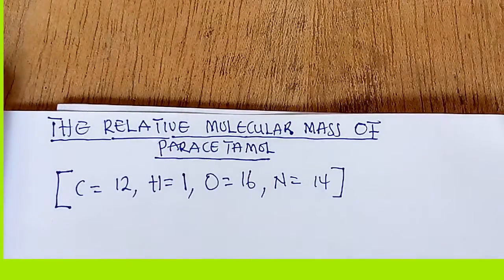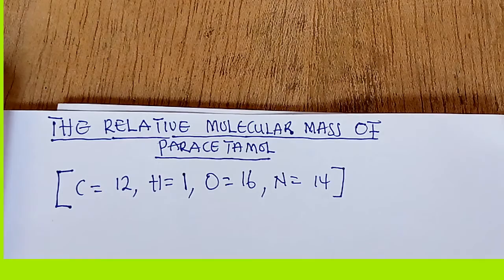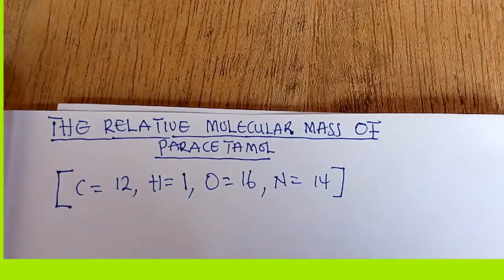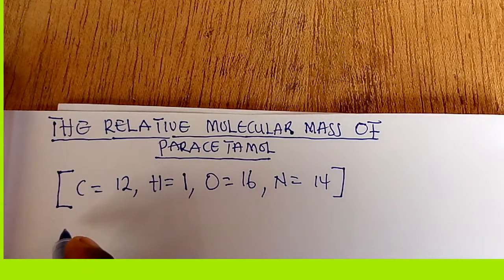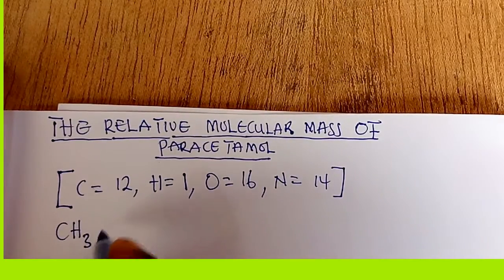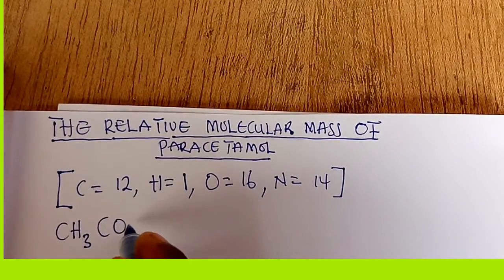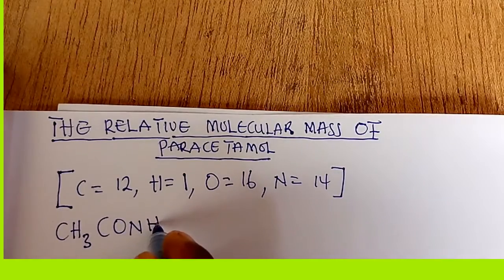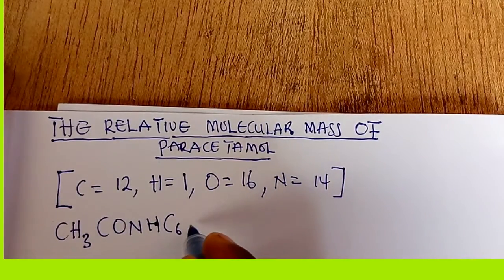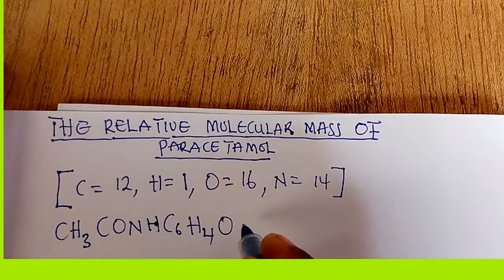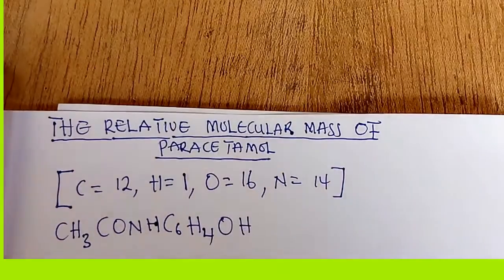Okay, somebody's asking: what is the chemical formula for paracetamol? Paracetamol has a formula like this: CH3CO NH C6H4OH.